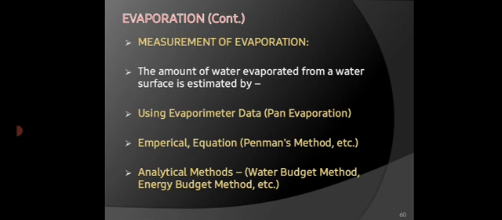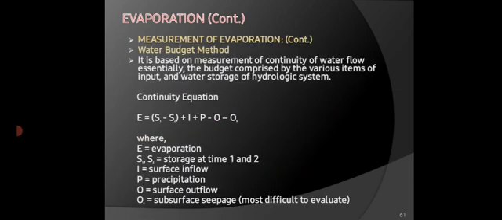Analytical methods are there, like the water budget method, energy budget methods, etc. So instrumental methods, mathematical methods, and analytical methods are there to find out the rate of evaporation or the amount of water evaporated from the water surface.